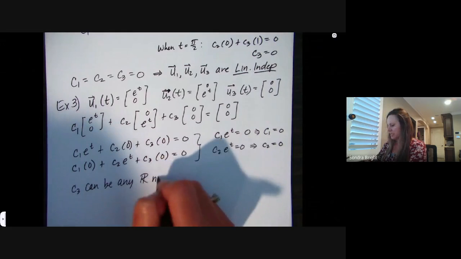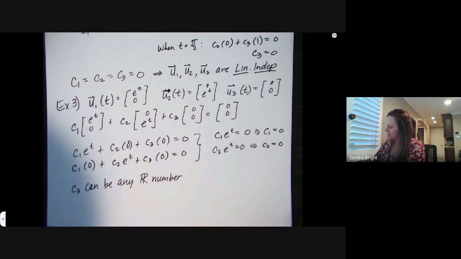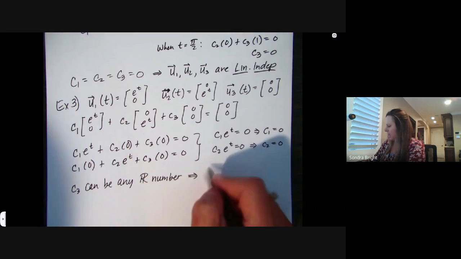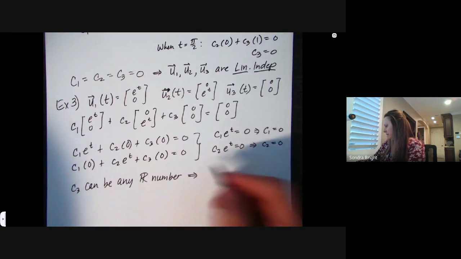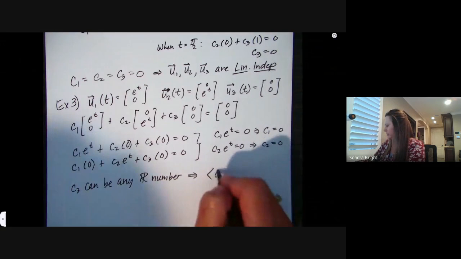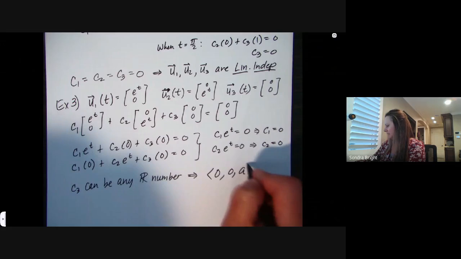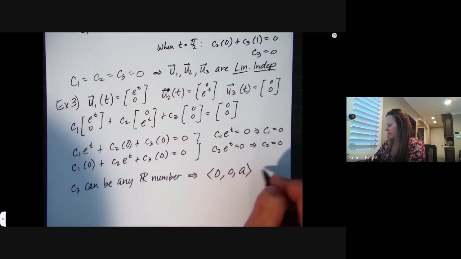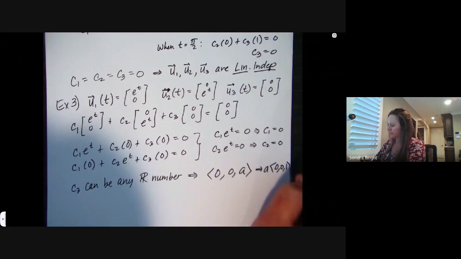There's no restrictions on that one. So that means that my C1, C2, C3 is going to be of the form 0, 0, A, or you could also factor out the A and make it 0, 0, 1. Any real number for C3.